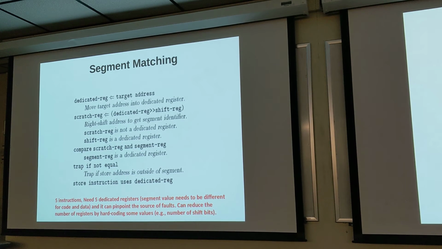What dedicated register means is that the untrusted code is not allowed to use that register for any other purpose. These registers are set aside for use in these security checks, and they are not going to be used for any other purpose. So why is it necessary to set aside these as dedicated registers?